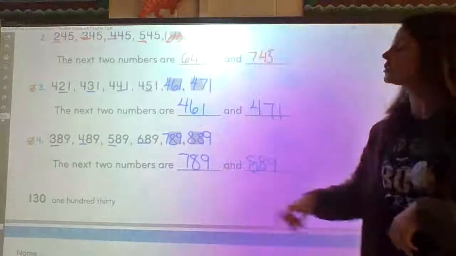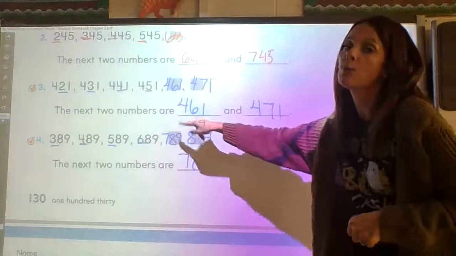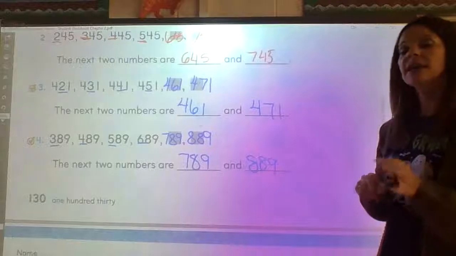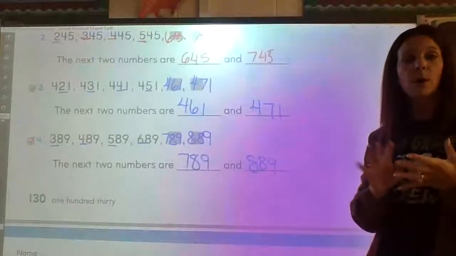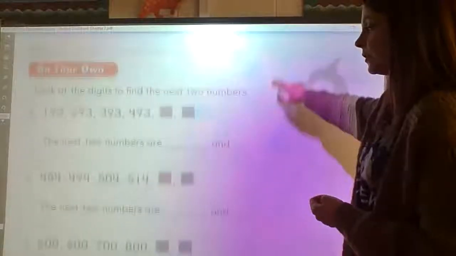It made it much easier to identify what was changing and know what we needed to do in the next numbers.